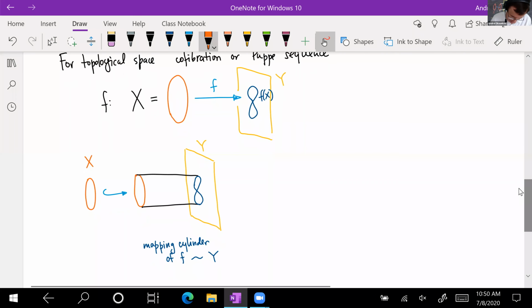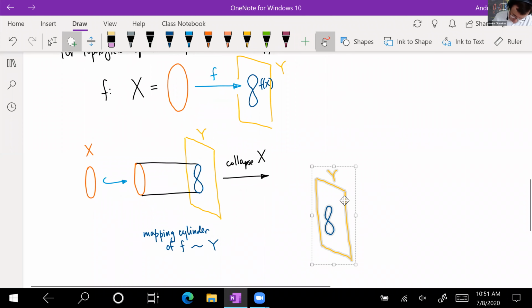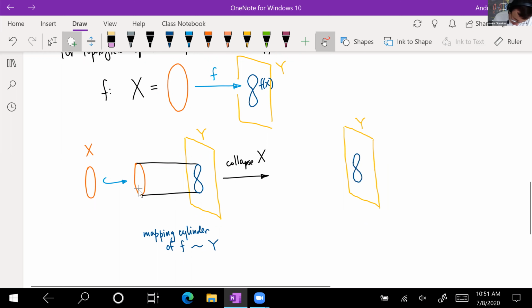Now that we have that, we can safely collapse X, mod out by X. We collapse the image of this map X. So this means that instead of a cylinder, we get a cone.